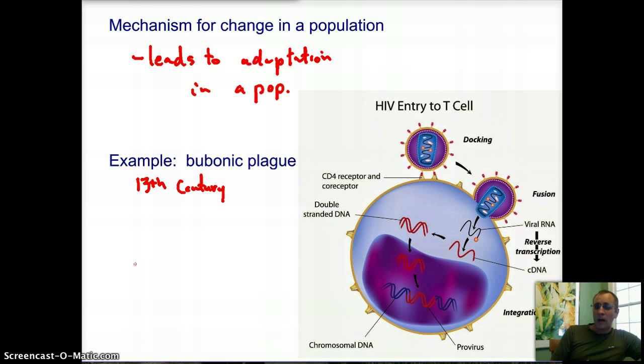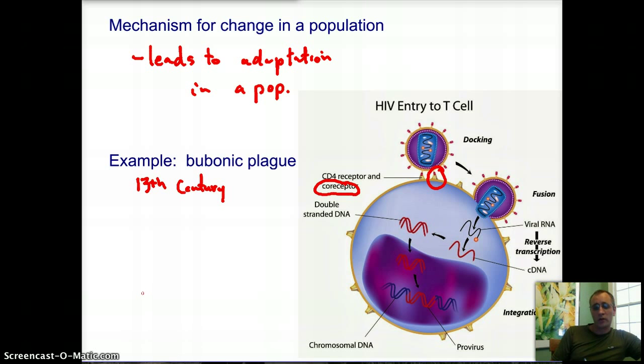Okay, now it just so happens, really interesting coincidence, that there are people of Northern European ancestry that have what's called a co-receptor on their cell. This is showing a co-receptor. It's this little molecule here. It's a protein, and they actually have a defective version of this co-receptor.